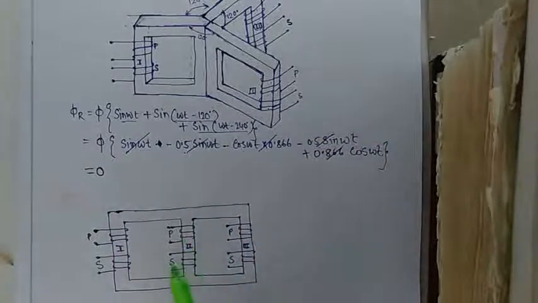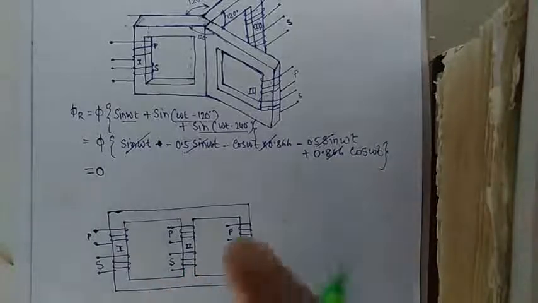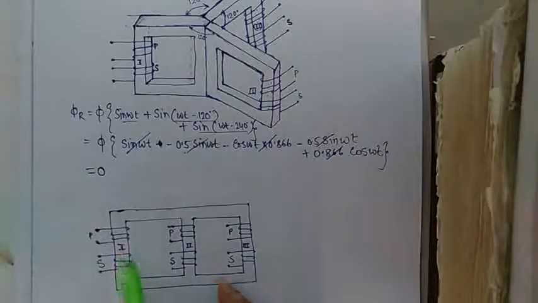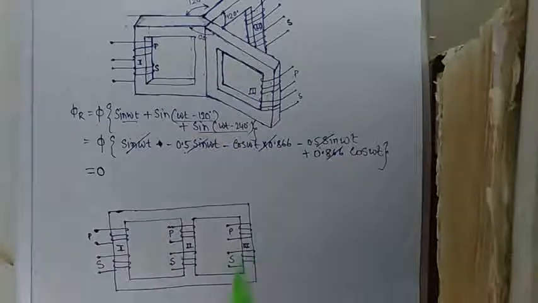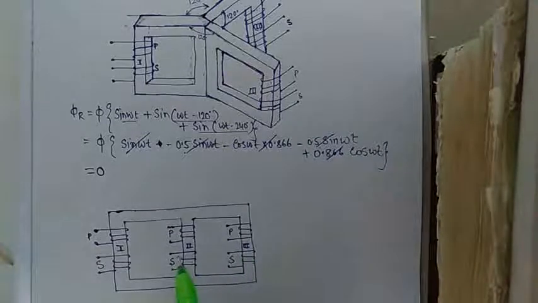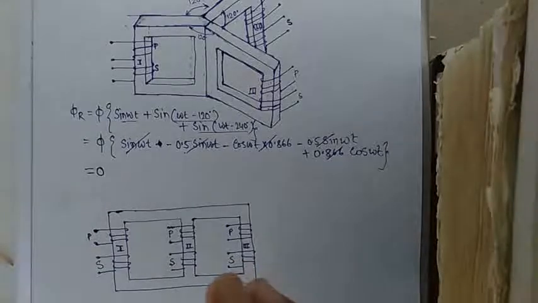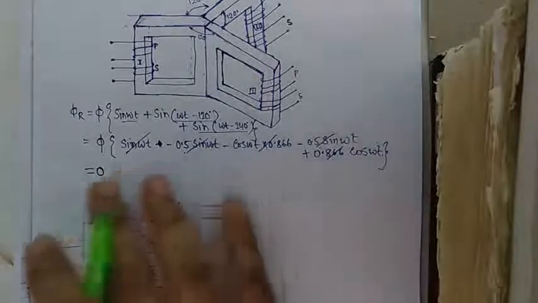Look at the picture: the center limb number 2 offers low reluctance compared to limb number 1 and limb number 3. So there is a very small difference in exciting current that has no effect on the core material selection.